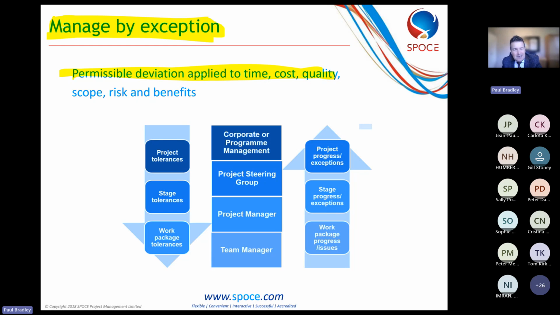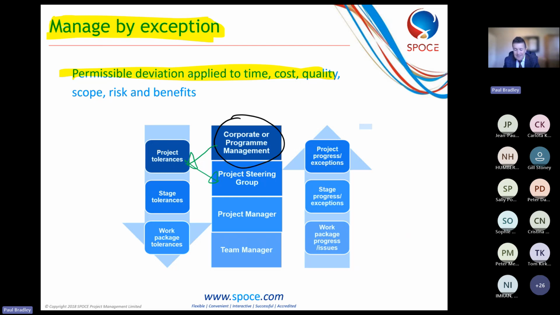Typically, the corporate program management level would authorize the project sponsor a particular budget for the project, plus or minus perhaps 10% or 20% even on cost or time.